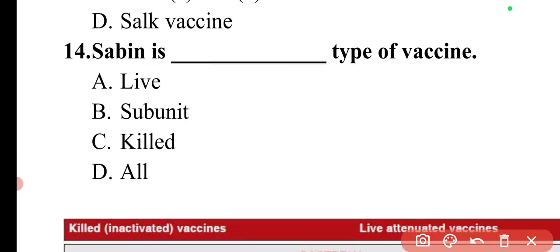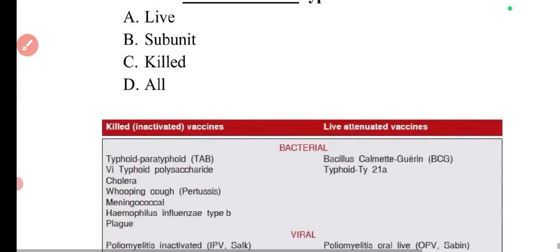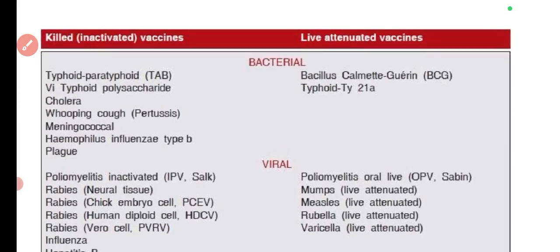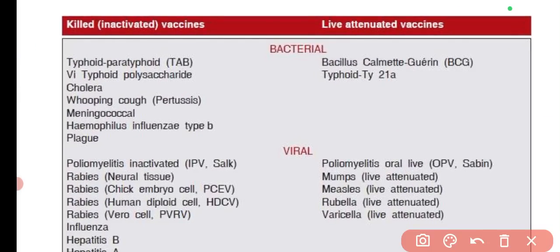Now I have provided you one table from the KD Tripathi pharmacology book. So you can simply find out which one is a killed vaccine or live attenuated vaccine. I have added this figure in the PDF also, so you can simply download the PDF and check these things. There are two columns: one is killed or inactivated vaccines, another is live attenuated vaccines.